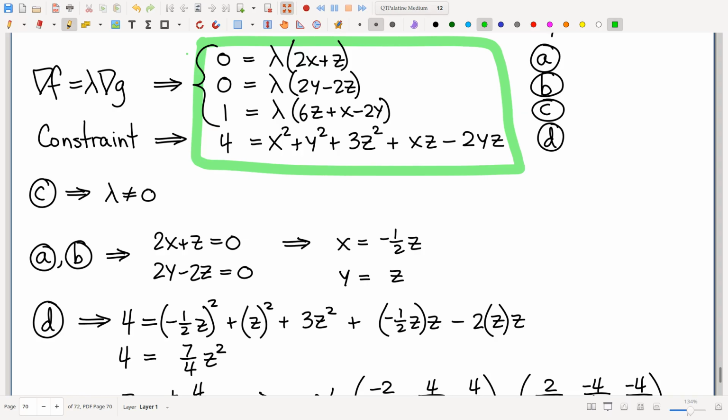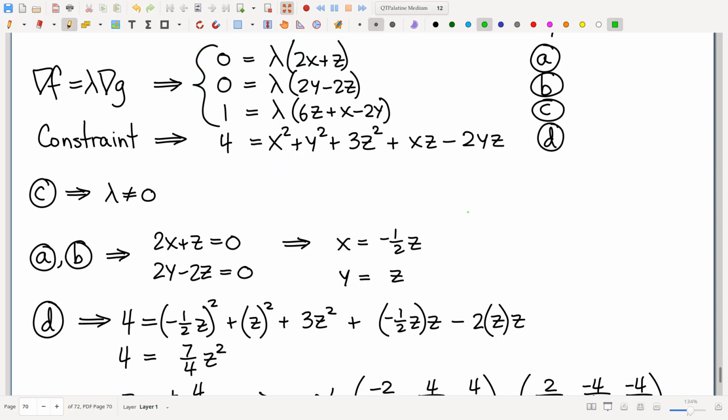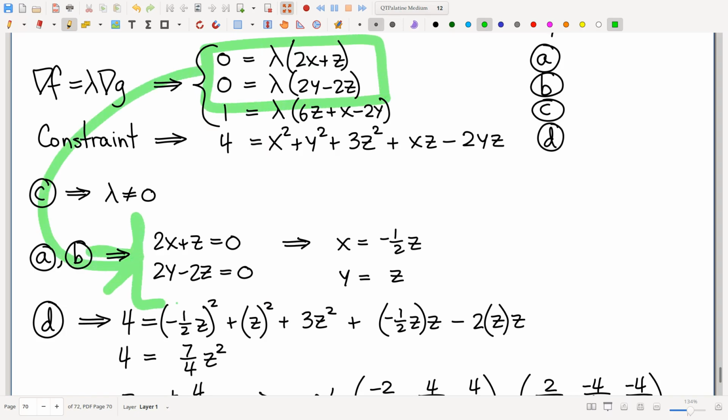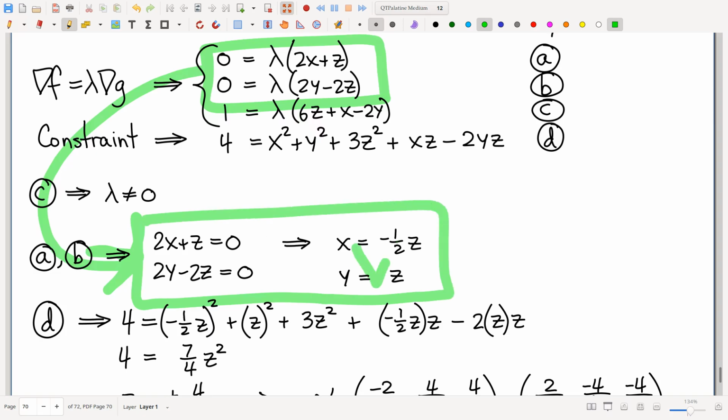This algebra can be tricky, and this algebra sometimes has sneaky little bits that you have to worry about. So, for example, very tempting to look at these 2 equations and cancel the lambdas, and then you get nice, handy little relationships between x, y, and z that make everything fall apart.